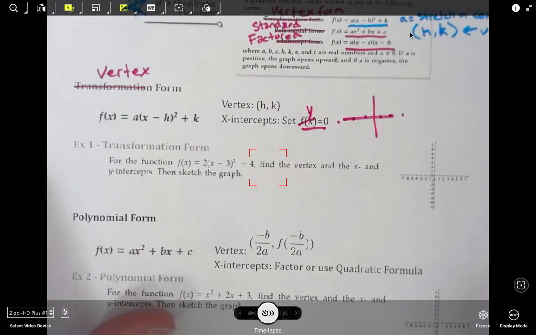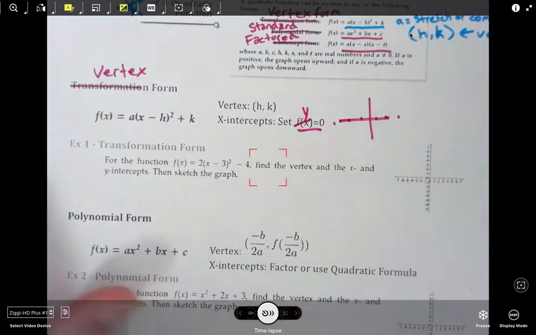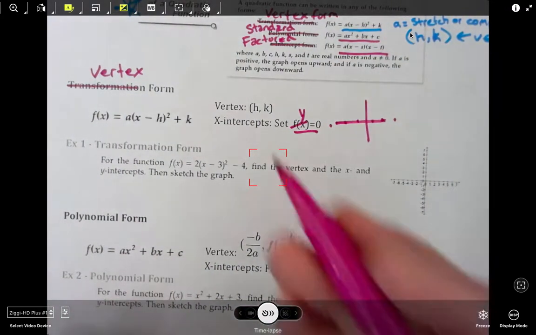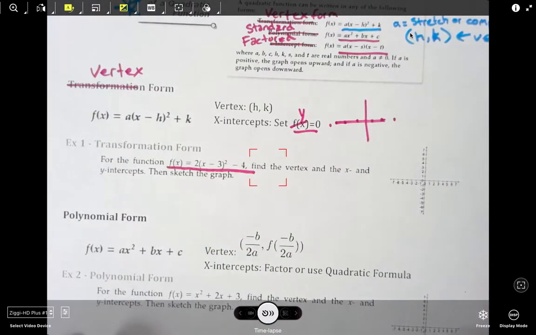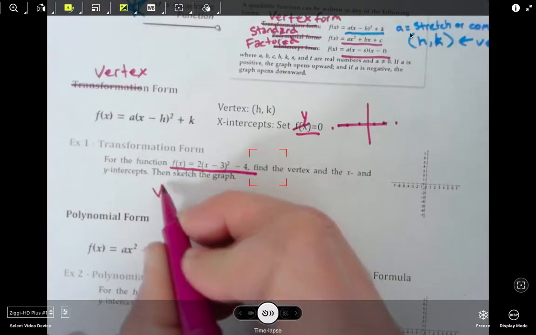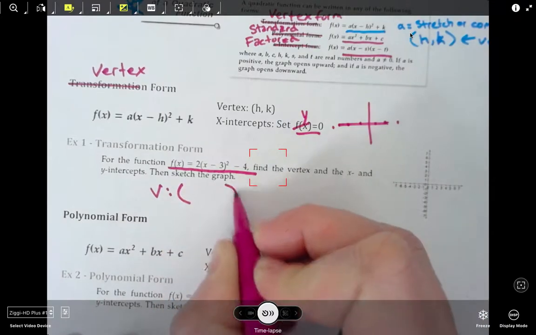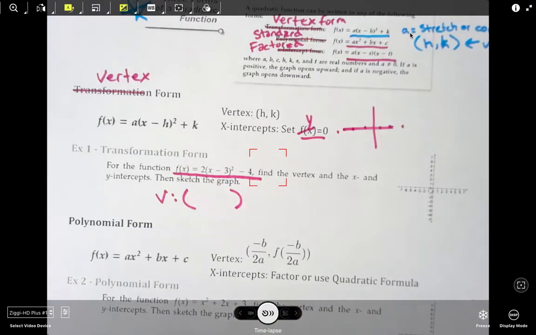Okay? So, in example 1, the transformation form, or vertex form they have, y equals 2 times (x minus 3) squared minus 4. So let's figure out where the vertex is. If we look at h and k, what is the h going to be? Is it 3 or is it negative 3?